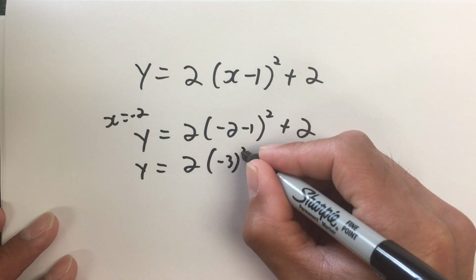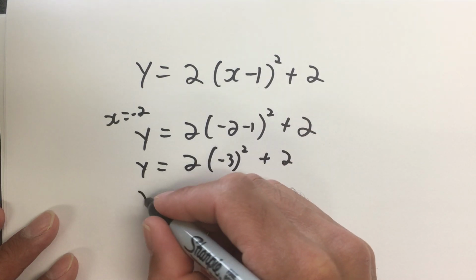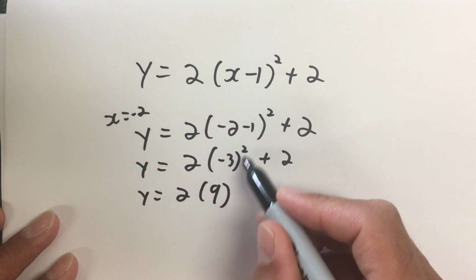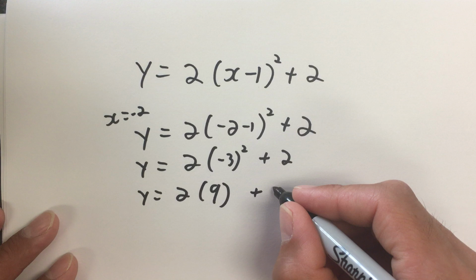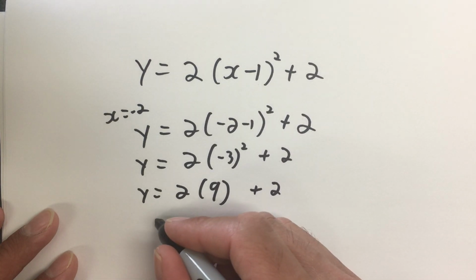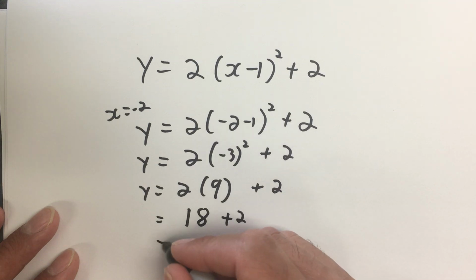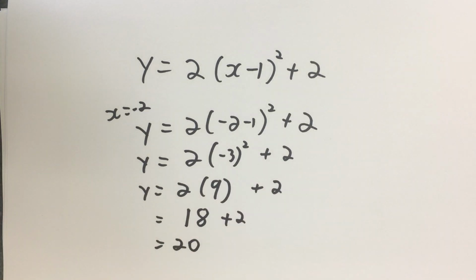That's a -3. -3 squared is positive 9. So my y value now is 20.